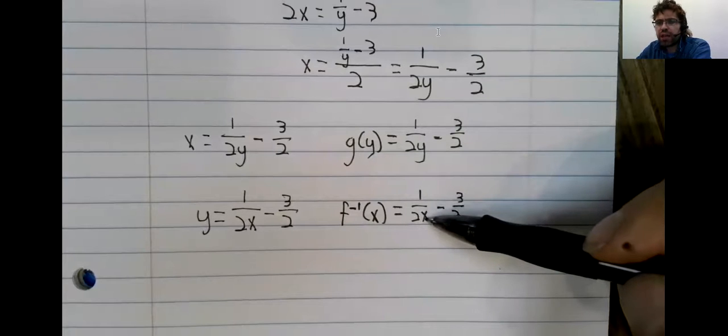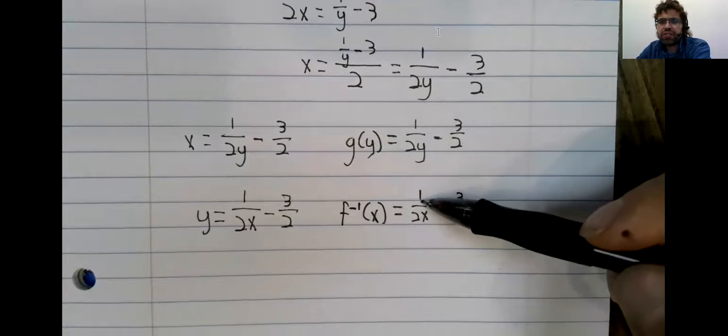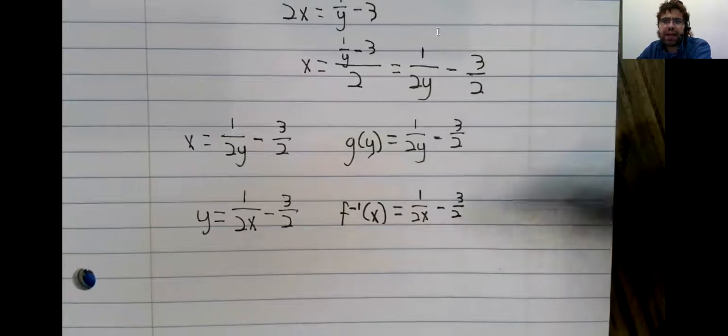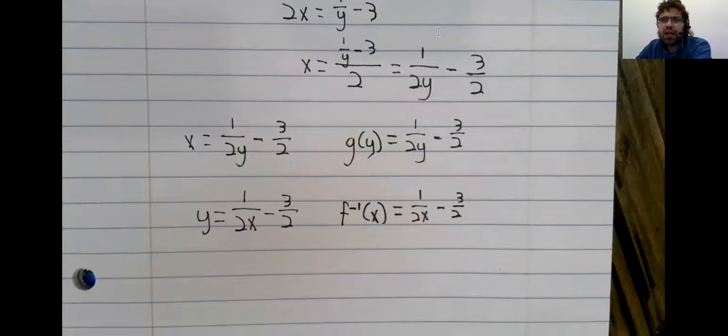We're multiplying our variable by 2. We're putting it in the denominator of this fraction, and then we're subtracting 3 halves. So I was able to describe what this function does without saying what the variable is named.